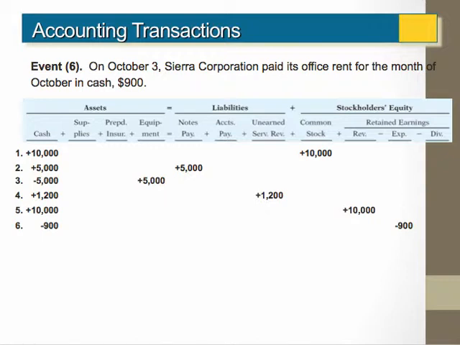If an increase in expenses occurs, we're going to show a negative sign there because it's not that the expenses decrease, it's that the retained earnings and stockholders' equity decreased. That's the reason why we show a minus sign on the $900.